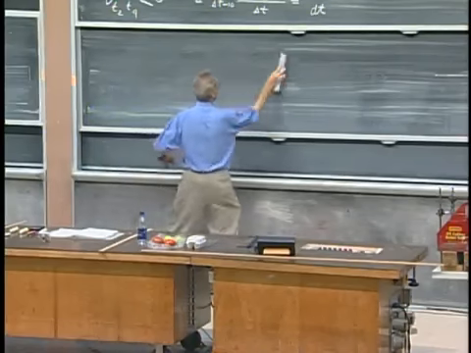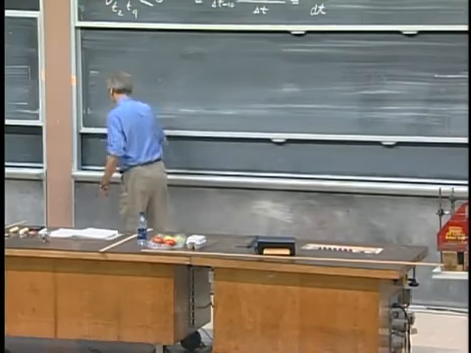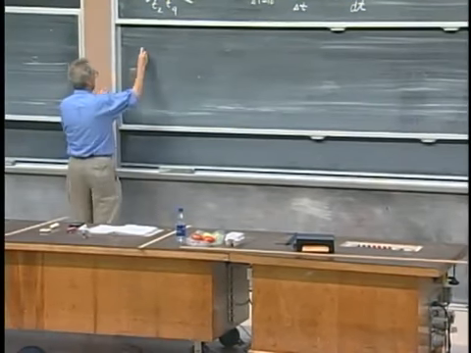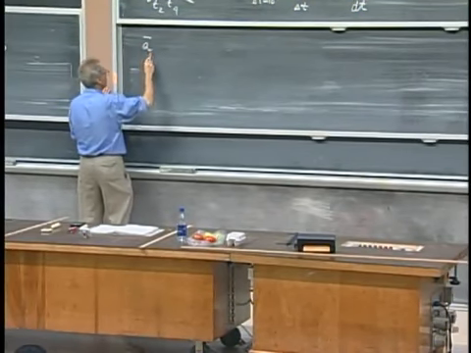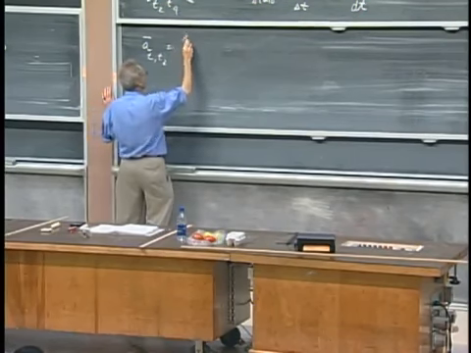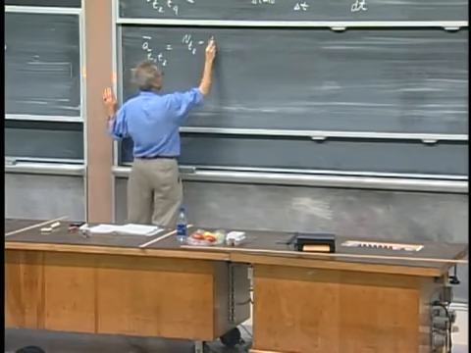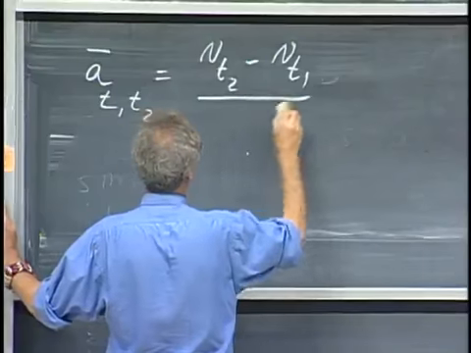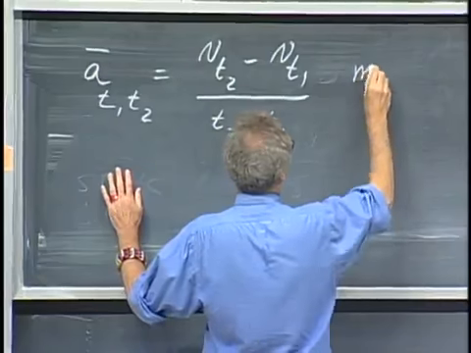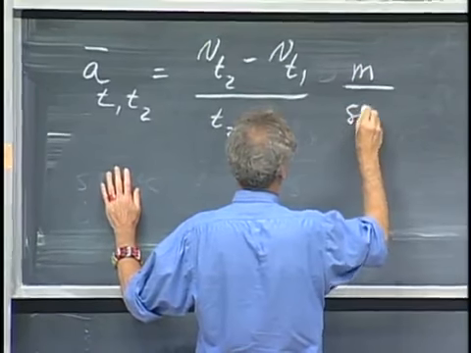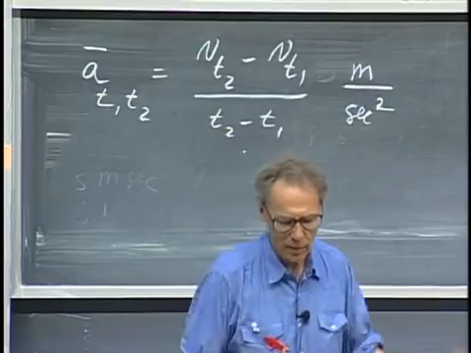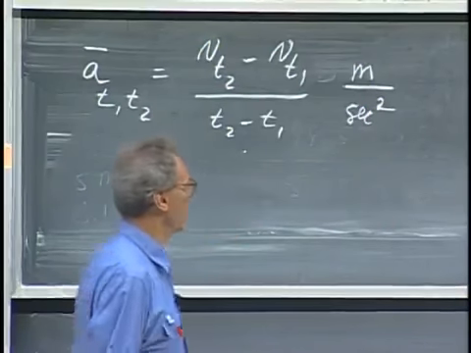And with a little bit of imagination, you can probably guess what that looks like. The average acceleration between time t1 and time t2 would then be the velocity at time t2 minus the velocity at time t1, divided by t2 minus t1, and the dimension is length per time squared, so it's meters per second squared. This is then for a one-dimensional situation.